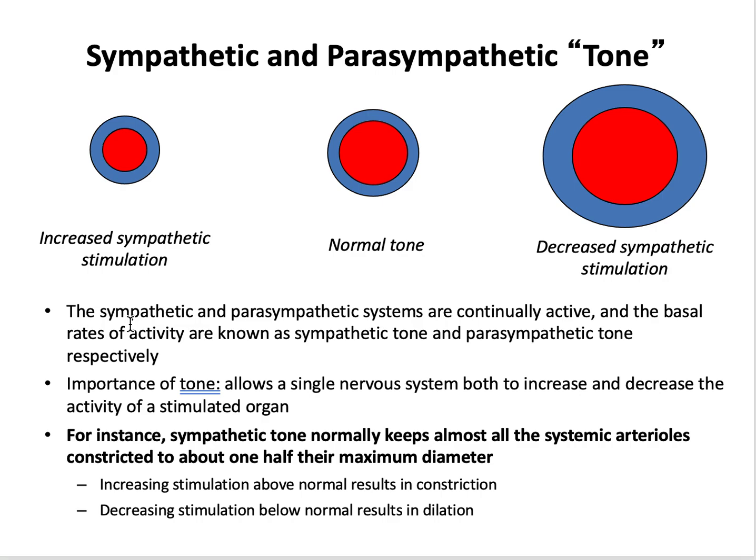For the most part, your parasympathetic and sympathetic nervous systems are working all of the time. So it's a very simplistic view to think that sympathetic is only fight or flight and parasympathetic is only rest and digest. They're working together all of the time, right?